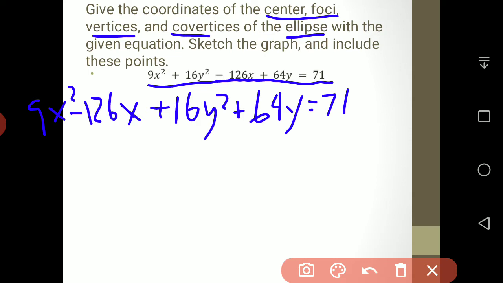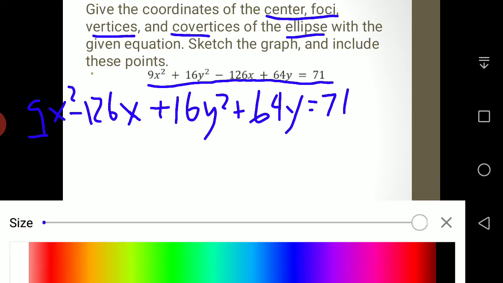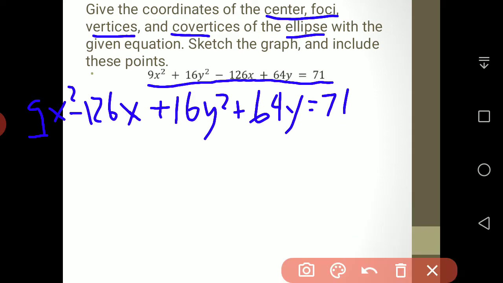Next will be to extract 9 and 16. So we're going to extract the coefficients of our second degree variables. So what will happen next?